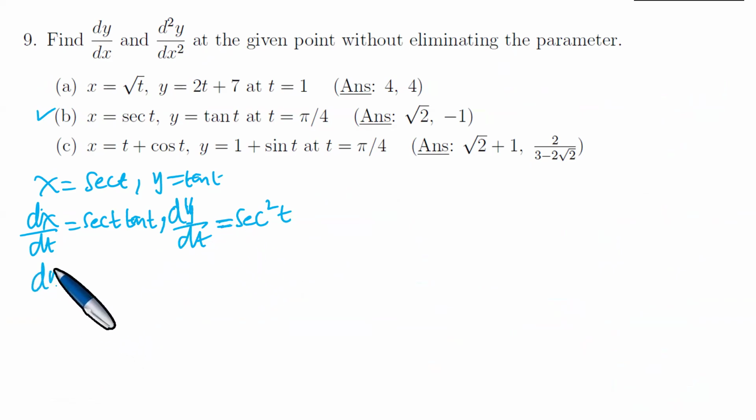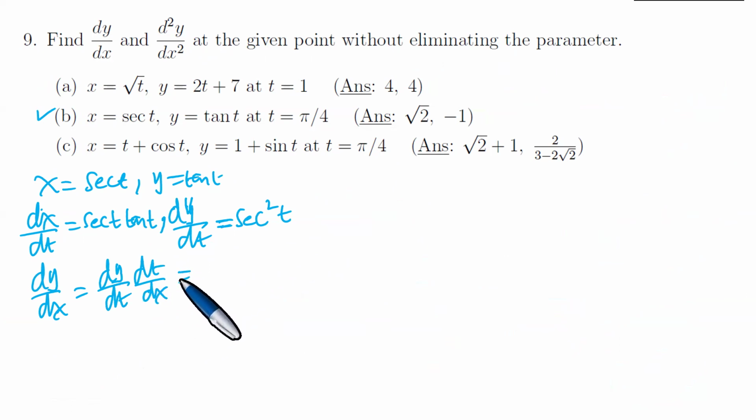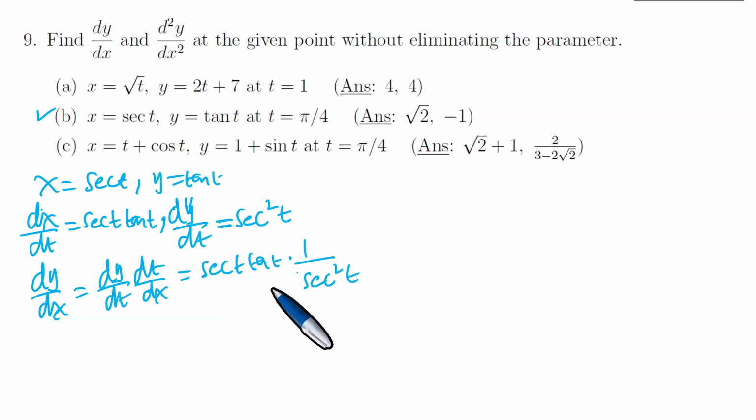So that then is dy/dx, which is dy/dt over dx/dt, the secant squared of t over sec t tan t.